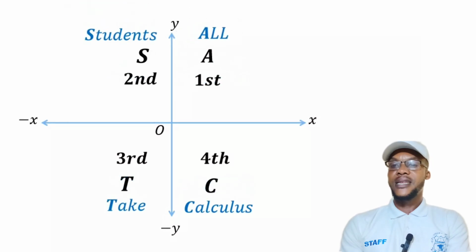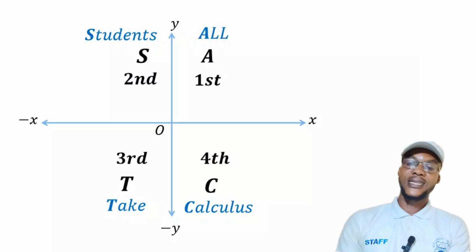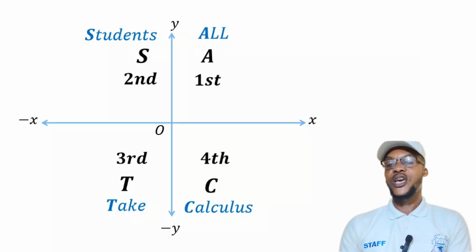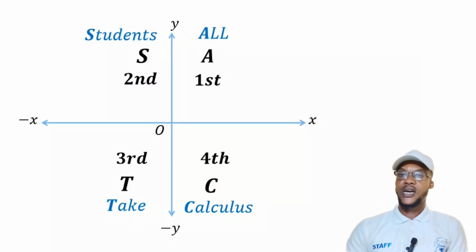The A stands for all, then the C, I'm using Calculus in place of the C, I'm using Take in place of T, and then I'm using Students. So in case you forget the CAST, you can also use All Students Take Calculus. That is also one of the fastest ways you can learn to remember this.